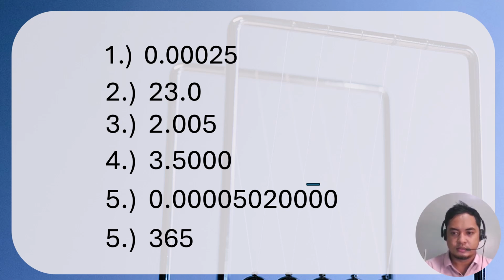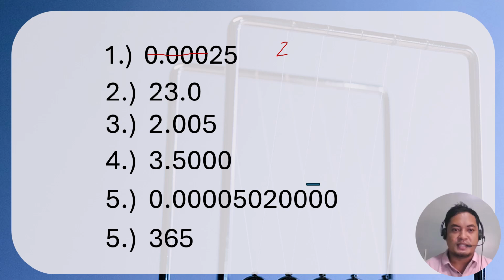Okay, sorry. Take your time. Okay, let's try to rationalize one by one. Number one, it's 0.00025. It's a decimal number less than one, meaning the leading zeros here are insignificant. So in this case we have two sig figs here, right?